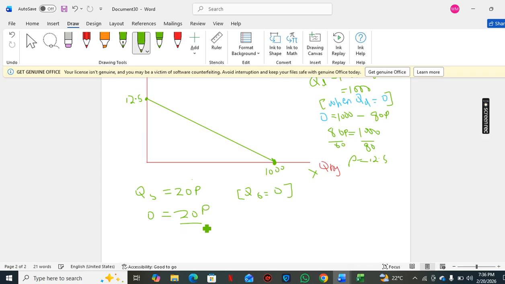To get the value of P, divide both sides by 20. 0 divided by 20 is 0. So when quantity supplied is 0, the price is 0. Our supply function starts from the origin at 0, and then it just goes up like this.